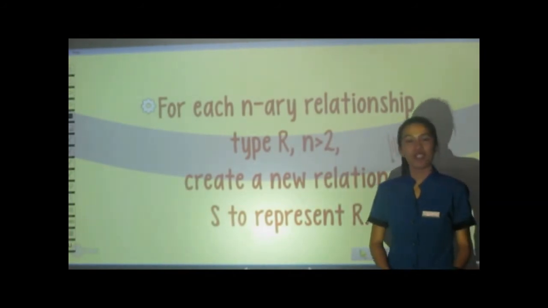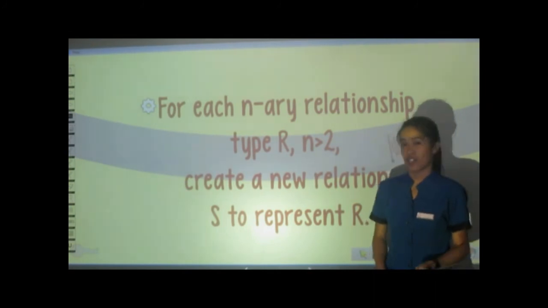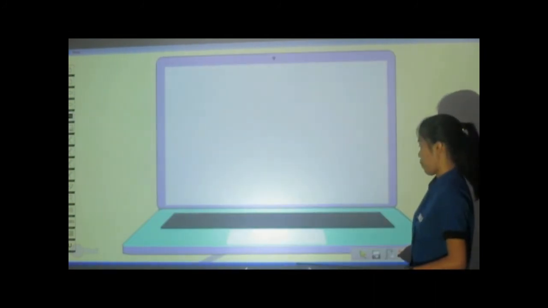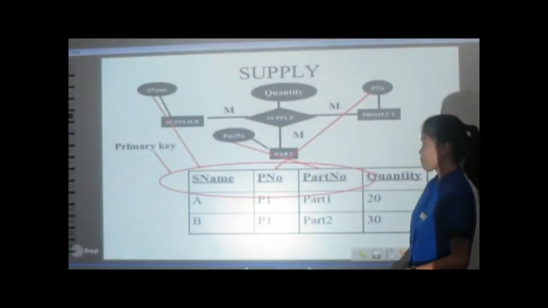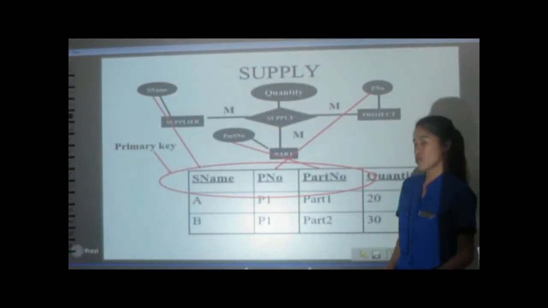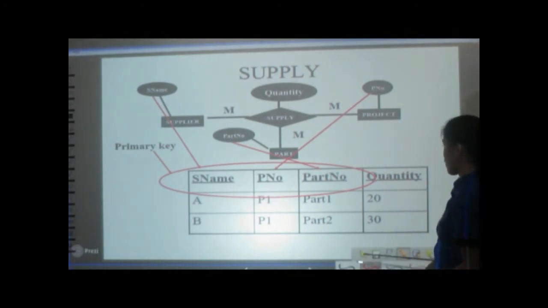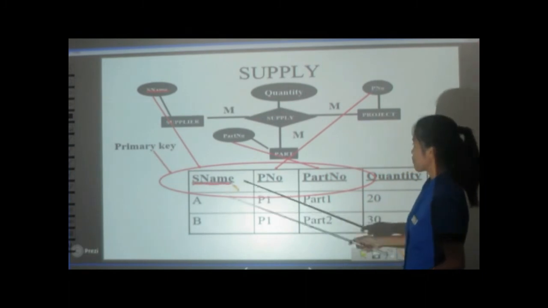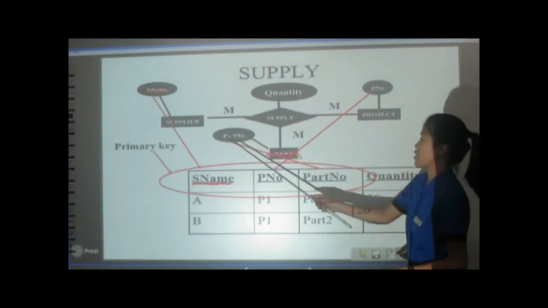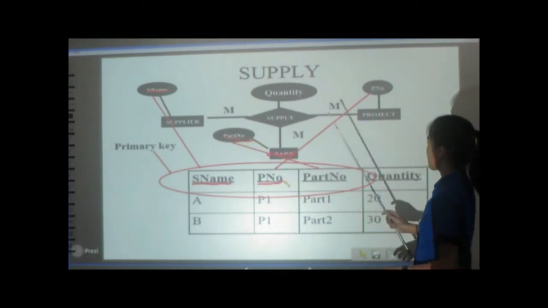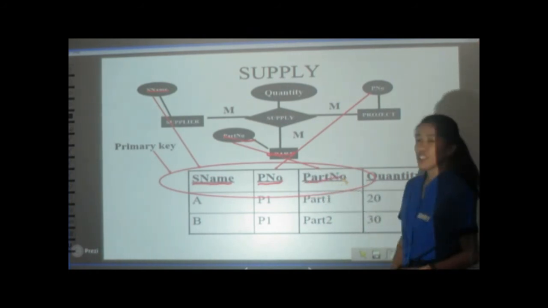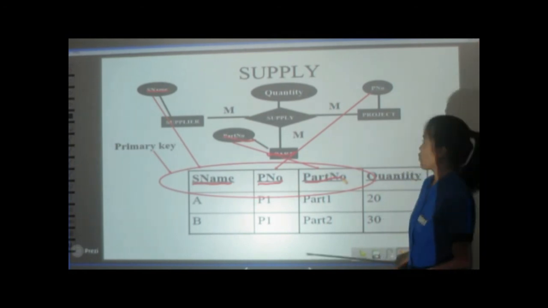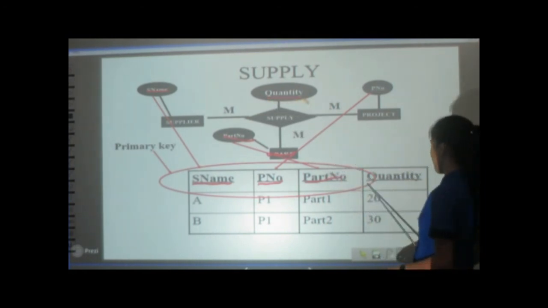In step number 7, for each relationship type R with degree greater than 2, create a new relation S to represent R. On the table, we include only the primary key of the supplier as SName, the part, which is part number, and project as PNo, and include only the simple attribute of the relation, which is quantity.